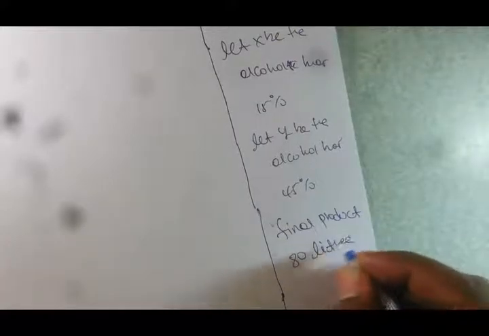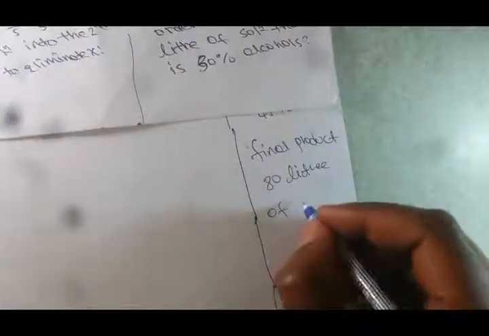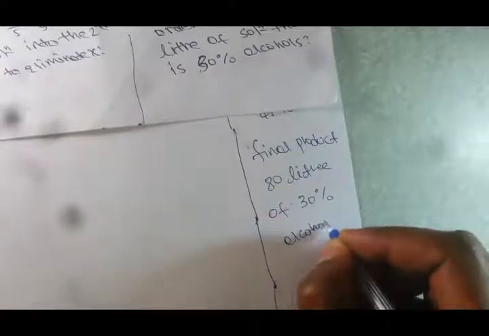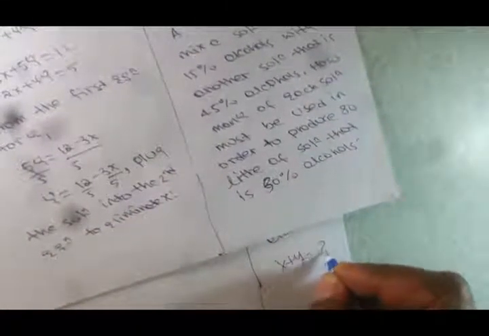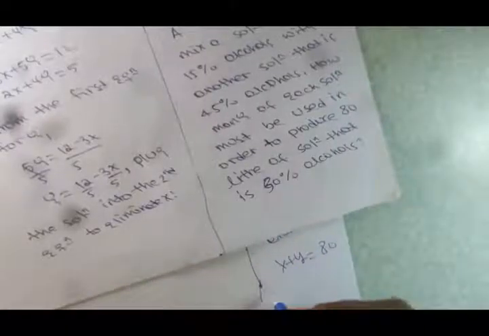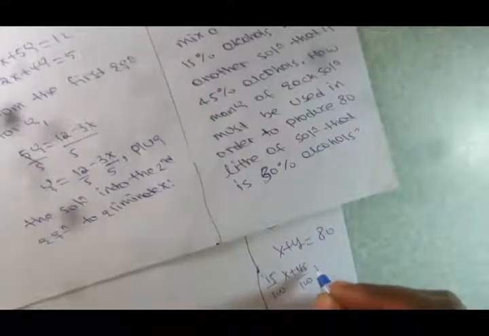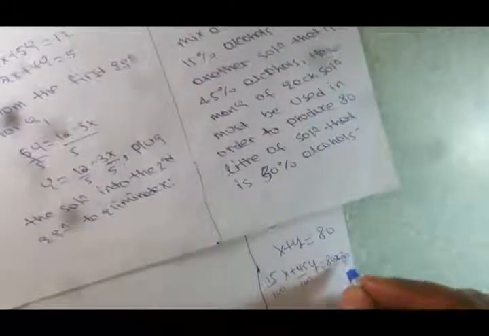liters of, what? 18 liters of 13% alcohol. So x plus y is equal to what? 18, and 15 over 100 of x plus 45 over 100 of y to give 13 over 100.